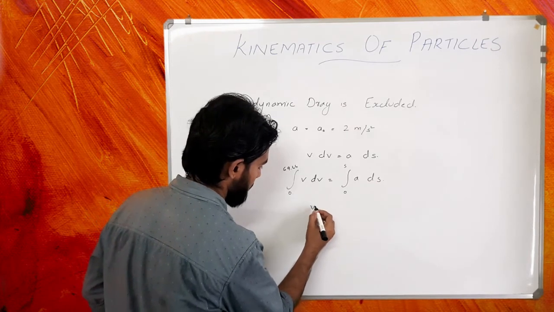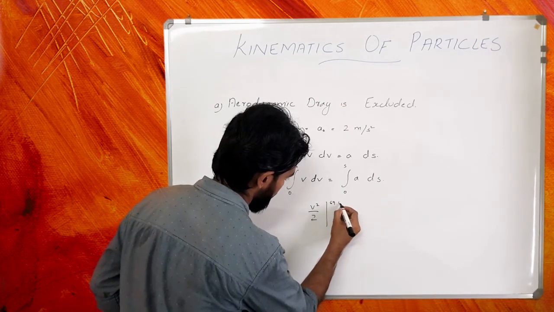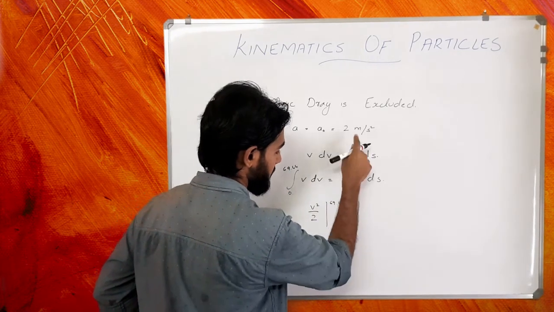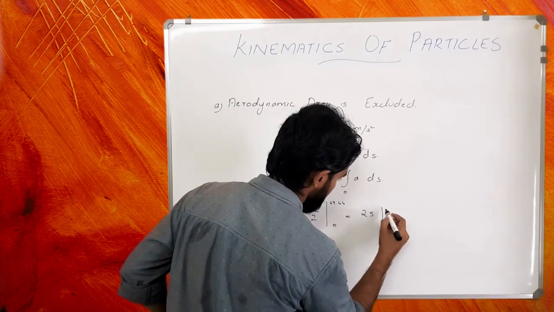So this will turn out to be v square by 2, 69.44 square is equal to a is a constant, that is 2 meter per second square. So I will have here 2s.